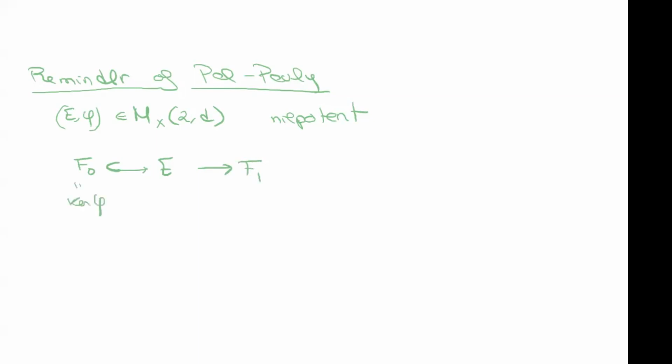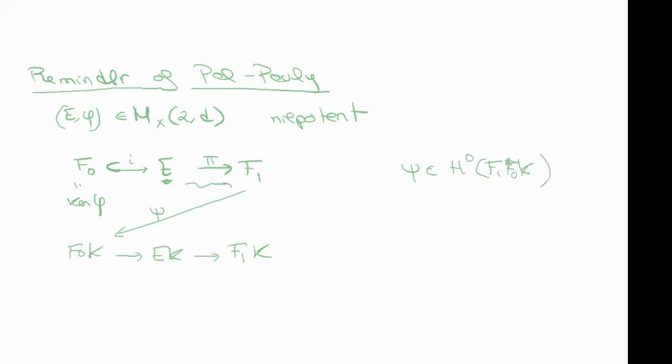And we observe that a nilpotent Higgs field is totally determined by the following. So one can map a point in E to F1 and then to F0, okay, by some section. So C is a section of H0 of this line bundle.